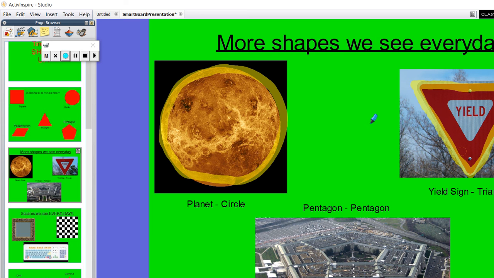And down here, so it might be a little tough to see, I'll get my highlighter out with a brighter color so we can vividly see what we're talking about. This is our Pentagon building. Pentagon tells us that it has 5 sides, so that gives us a pentagon.